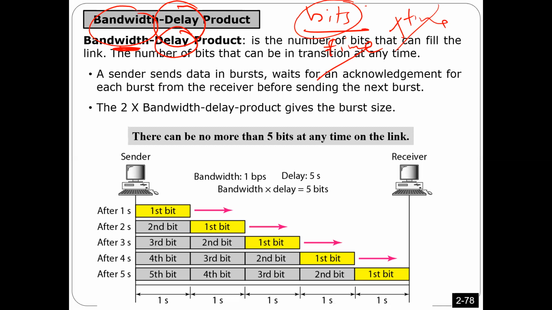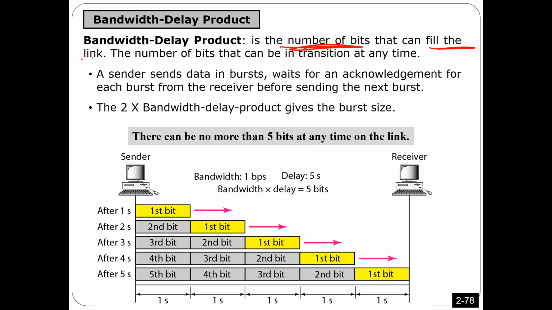So now let's talk about the meaning. I'm going to tell you what it means. Look at the main idea here. This means the number of bits that can fill the link. Let's see an example to understand better.